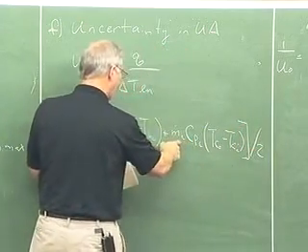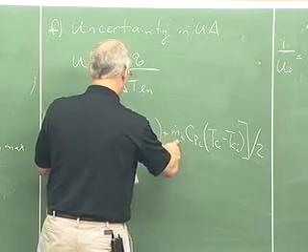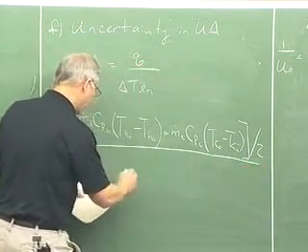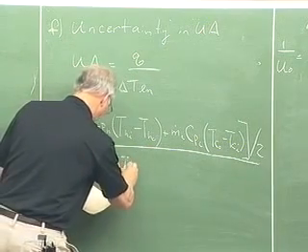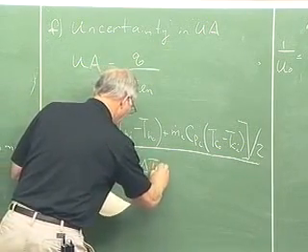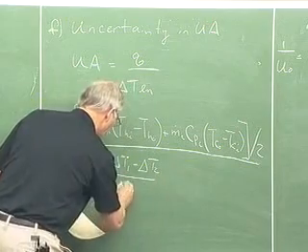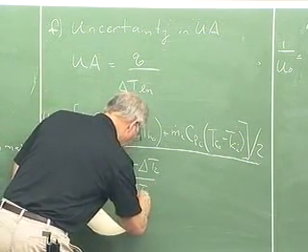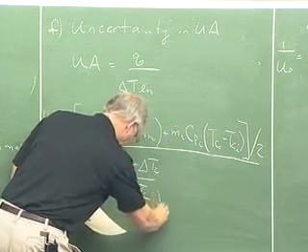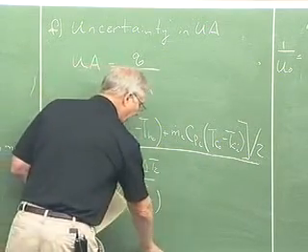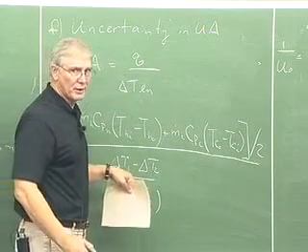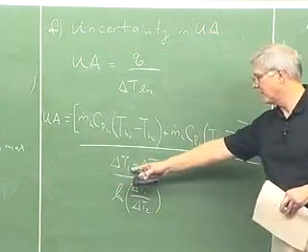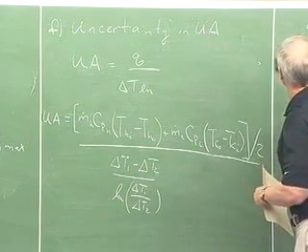This is the average heat flow based on the hot and the cold flows divided by our log mean temperature difference, which is delta T1 minus delta T2 divided by the log of delta T1 over delta T2. Again, for uncertainty, we want to write everything in terms of our measured values. So we didn't actually measure delta T, we measured the temperatures. So let's write it like that.